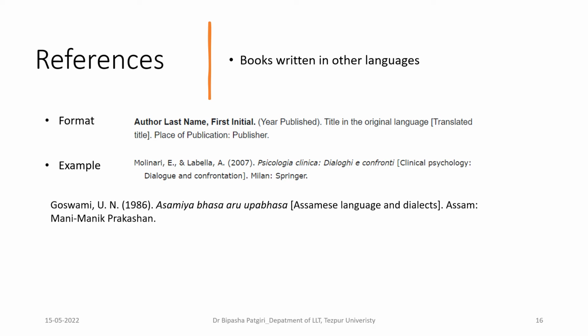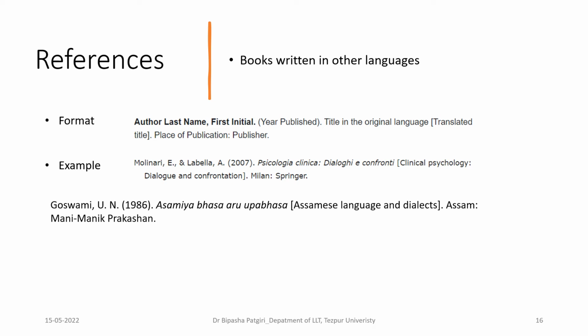In 1986, the other entries remain the same, followed by the name of the book in italics, but within square brackets, what I have written is a free translation of the book name, so that your reader understands what the name is. You understand is a different thing, but you are writing the dissertation or any academic writing for your reader, right?